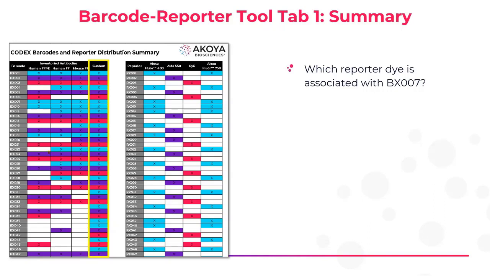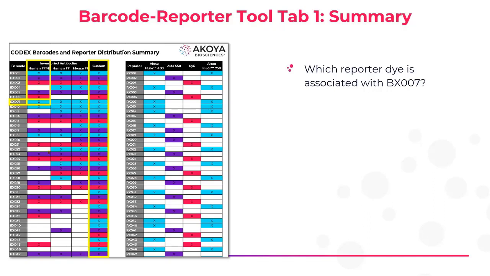First, all of our barcodes are available for custom conjugation. I can ask, for example, if there are any human FFPE antibodies that are already conjugated to BX007 in Akoya's inventoried list. And what I do is I simply look for the column that says human FFPE, and I scroll down to BX007.